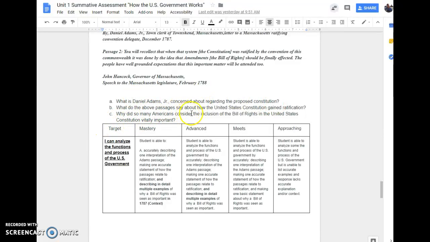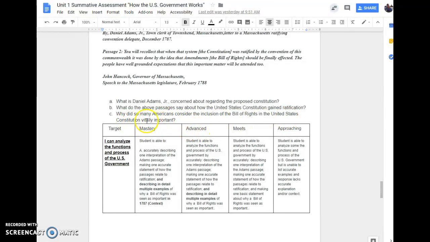What does the above passage say about how the United States gained ratification? What was that process like? Why did it take from 1787 to 1791 to make it official in all states? And why did so many Americans consider the inclusion of the Bill of Rights in the United States Constitution vitally important?